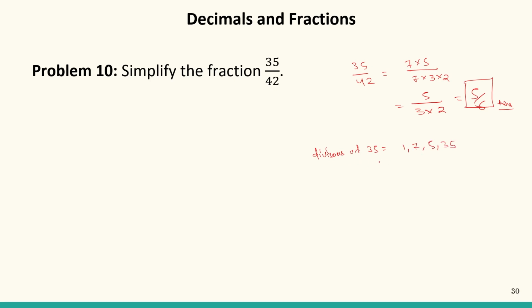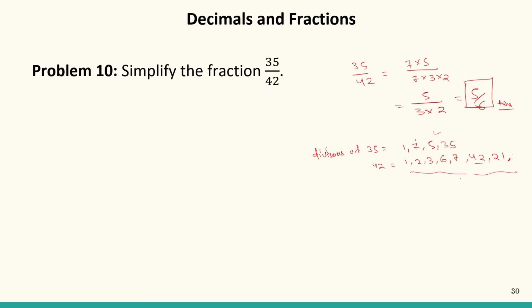Okay, and divisors of 42 are 1, 2, 3, 6, okay, 7, 21, and 42. Okay, so these are the divisors of 35, and these are the divisors of 42.